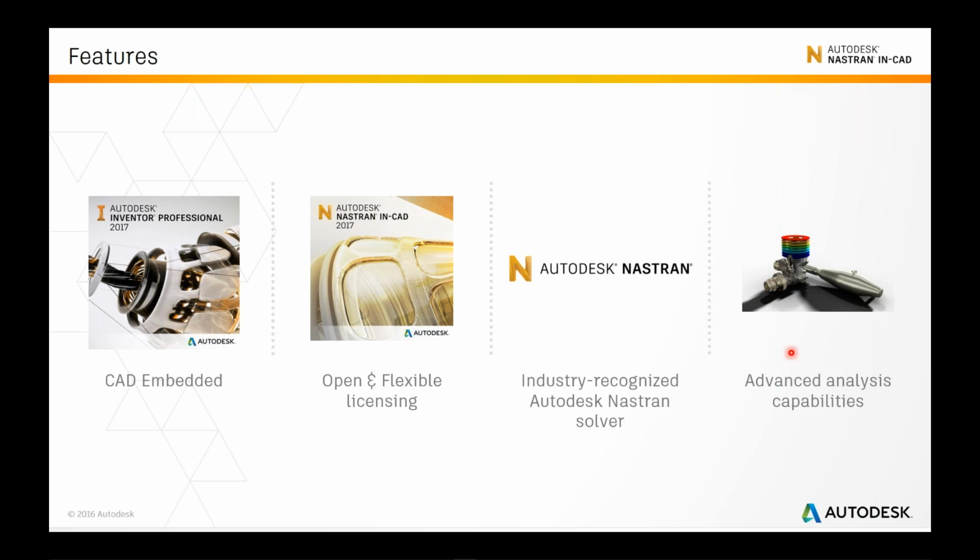It is an open and flexible licensing solution that can work with Autodesk Inventor or SolidWorks. It is a network license, and the best part that all designers will like is the CAD embedded solution. They don't have to learn a new solution. The same FEA capabilities come into the same GUI where they are designing the product.